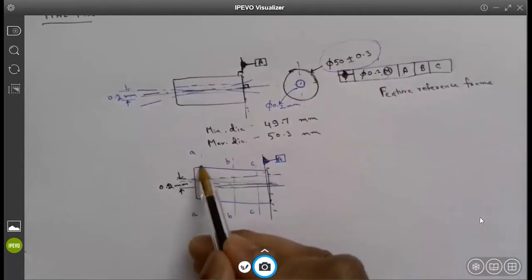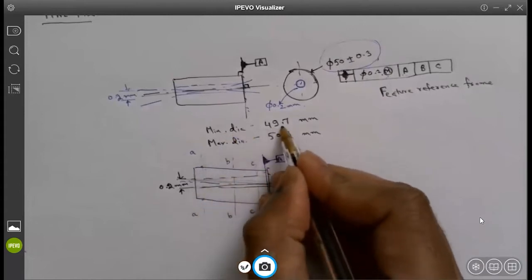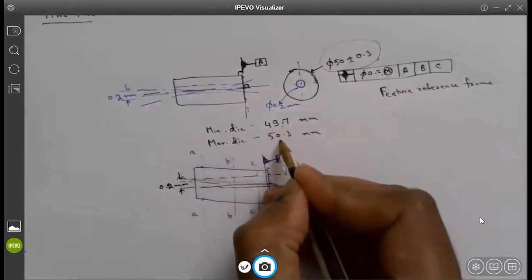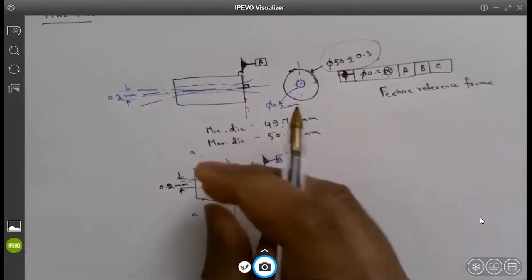At any section, this diameter has to have a minimum of 49.7 and a maximum of 50.3. It cannot go below this or exceed this at any section wherever I'm inspecting.